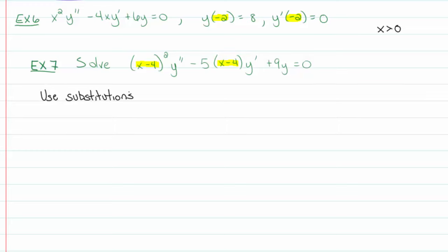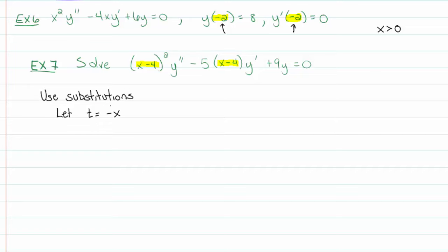For example, if they give you an argument for an initial condition that's negative, then instead of solving a differential equation with x values that can be negative, we can let t equal negative x.